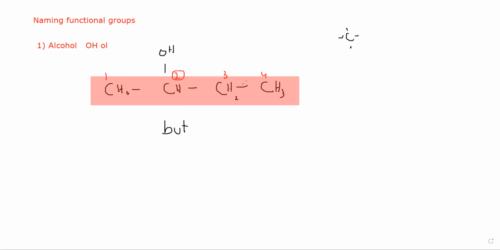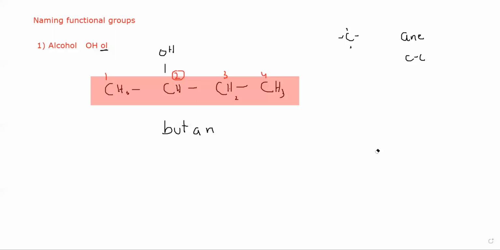What kind of bond is there between the carbon atoms? If there is a single bond throughout, we write -an-, and then -e. But when the functional group starts with a vowel, like alcohol, we do not write e, we remove the e. So it will be butan.